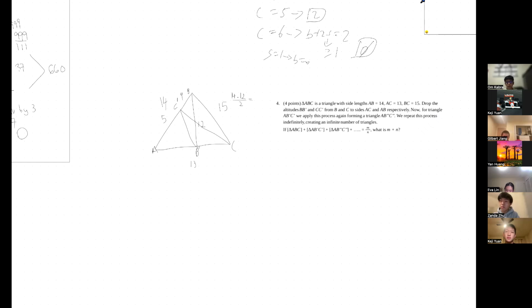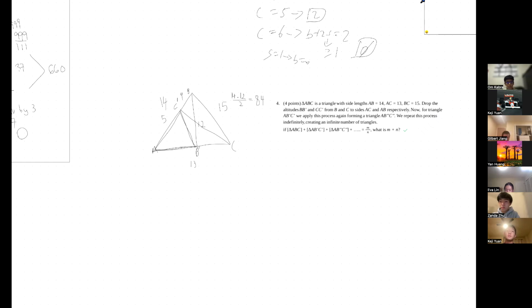So now we try to find the sides of AC prime, C prime B prime, and B prime A prime, because we might get some similar triangles or special triangles. First we'll calculate BB prime.